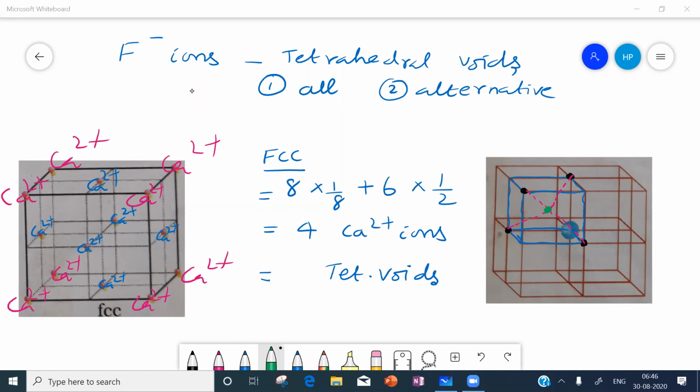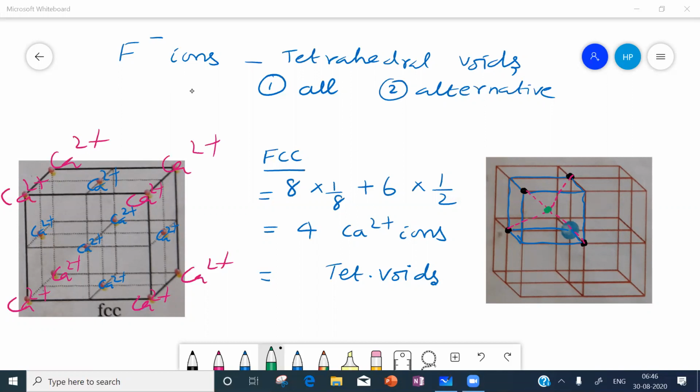Now in this FCC unit cell, corners and face centers are occupied by calcium ions. Therefore, due to this FCC lattice, tetrahedral voids are created. How many tetrahedral voids are present here?